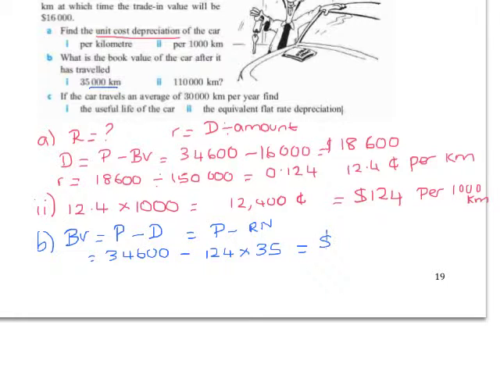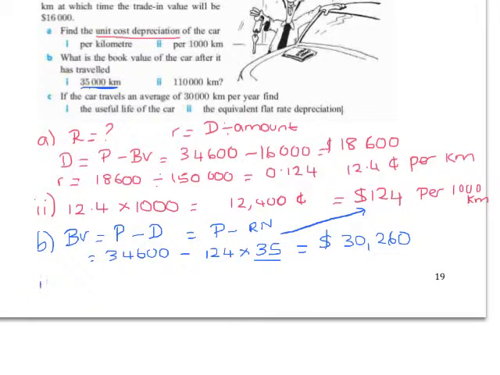So the book value after it's travelled 35,000 kilometres is 30,260. Remember what I did there: I worked out the depreciation by doing the rate of depreciation, 124, times the amount of kilometres, 35, and then I took that away from the original amount.